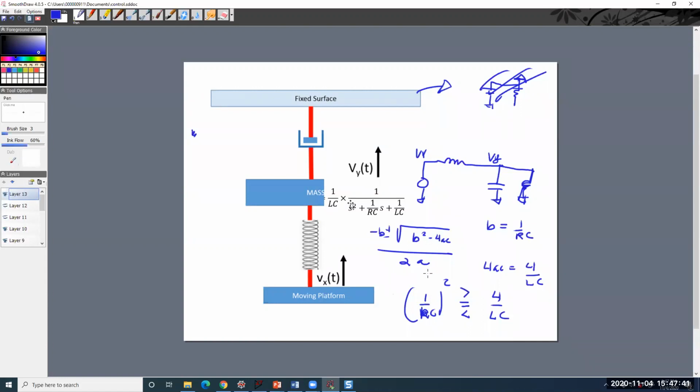I'd have complex poles. How could I get B, 1 over RC, equal to 0? Well, if R goes to infinity, B goes to 0. So if R is going to infinity, what's that like? That's like if you just took it out.